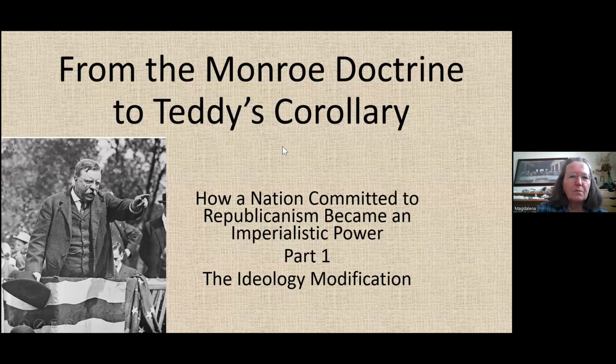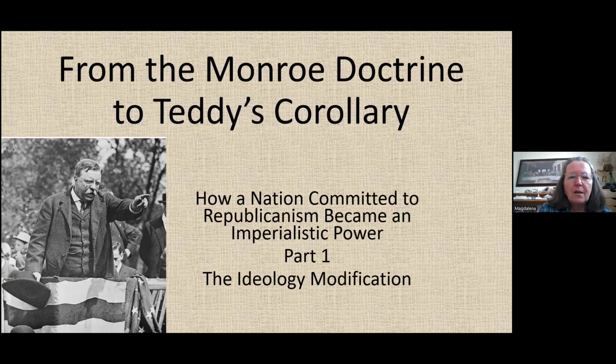I hope so. Okay, Jerry rightly said this is the first of two parts. The first part is a little bit of a setup for the second part. I will not show everything that has to do with Teddy Roosevelt.